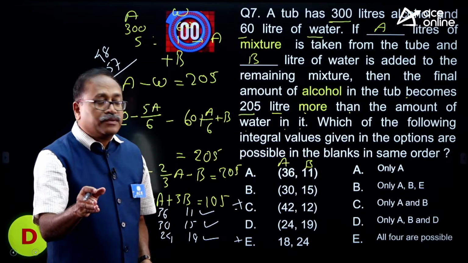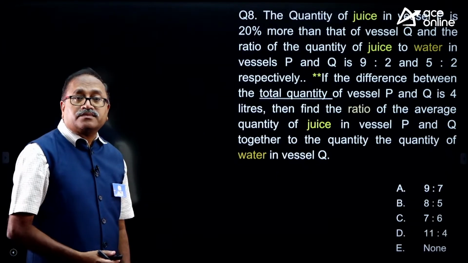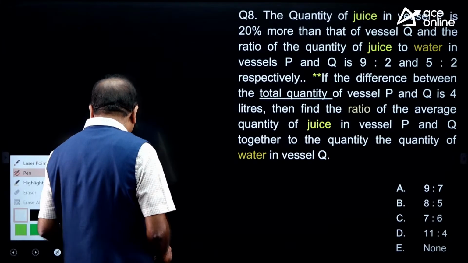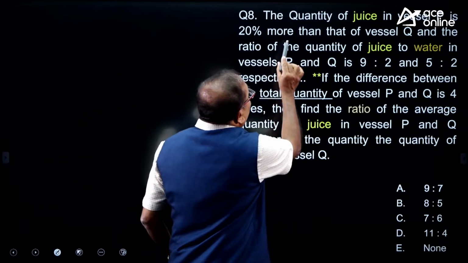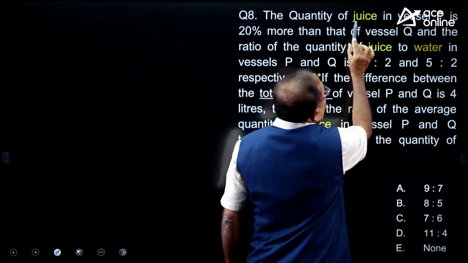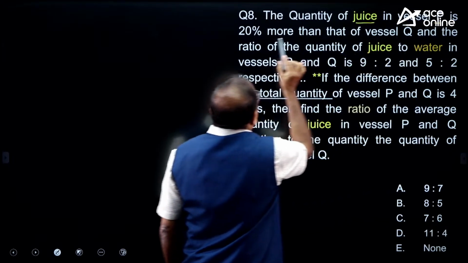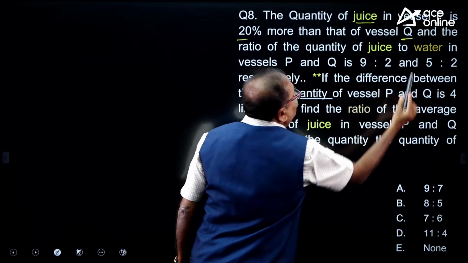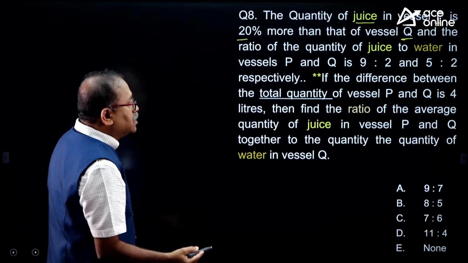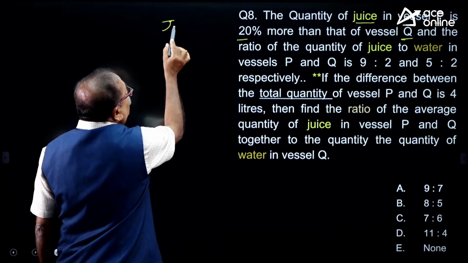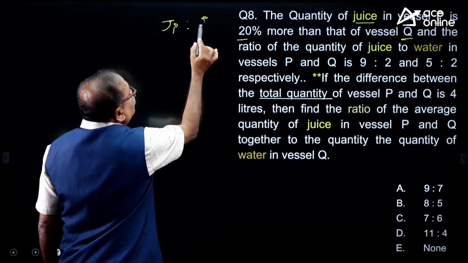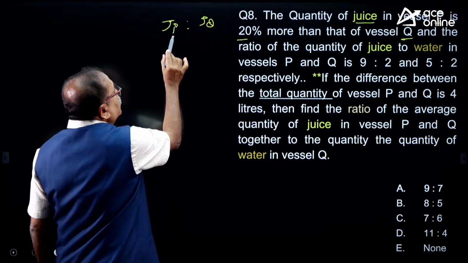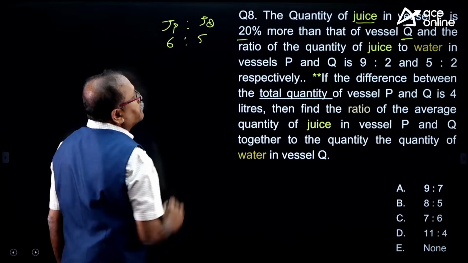Moving to the next question. Let's check what is the question, and I am sure all the people who are on the board will be able to answer it. The quantity of juice in vessel P is 20% more than that of Q. It is simply talking about the juice of P to juice of Q. P is 20% more, that means the ratio will be 6:5.